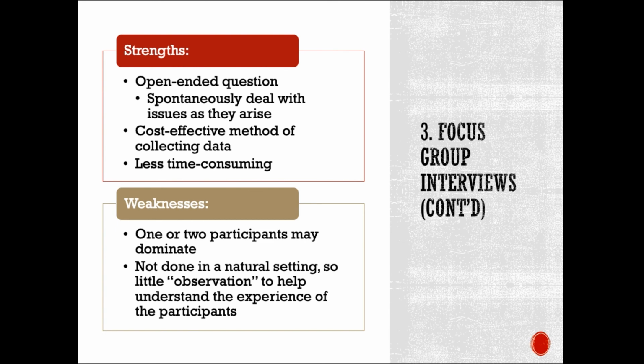But there are also weaknesses. Among these 6 to 12 participants, you may have only one or two participants that dominate the discussion. Others just keep listening. You may also have conflict between two or three participants, because one is from side A, one from side B. For example, you want to study some government programs applied to poor people.